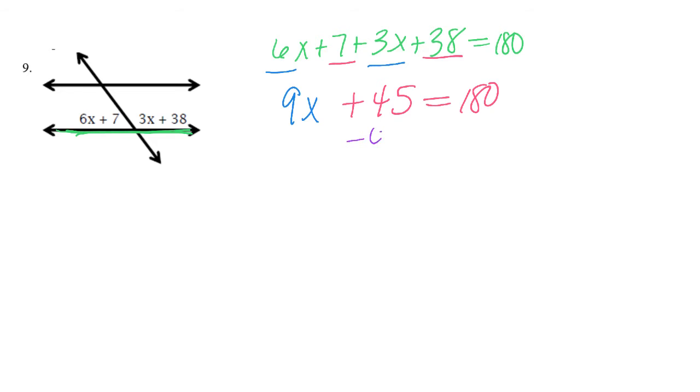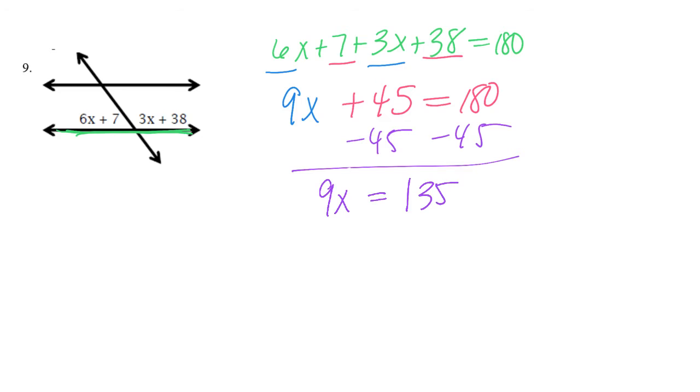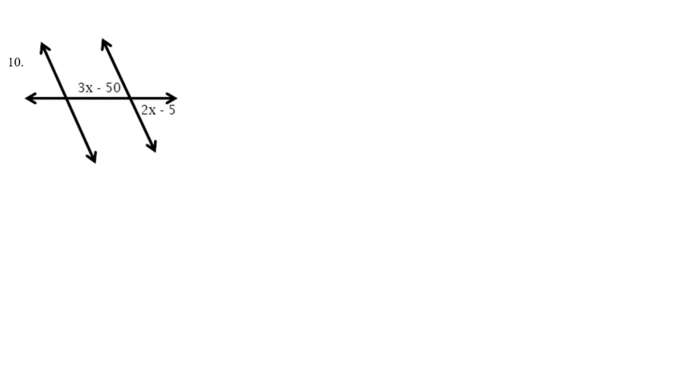So we need a minus 45 on both sides. 9x equals 135. And 135 divided by 9 is 15. So then x is going to equal 15 here.